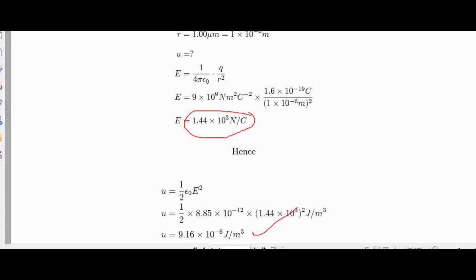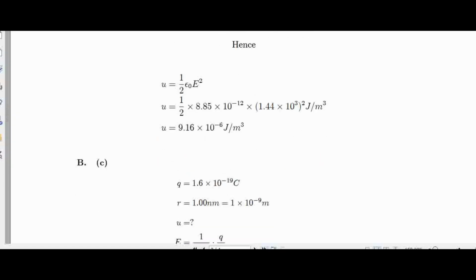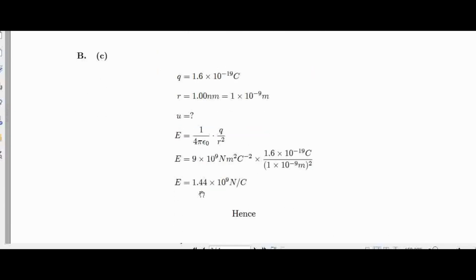Similarly, next is part C, and we have to find the energy density at 1 nanometer. Nanometer means 10⁻⁹. So wherever it was 10⁻³ or 10⁻⁶, we will replace it with 10⁻⁹, with the same calculation. E will be 1.44 × 10⁹ Newton per coulomb.